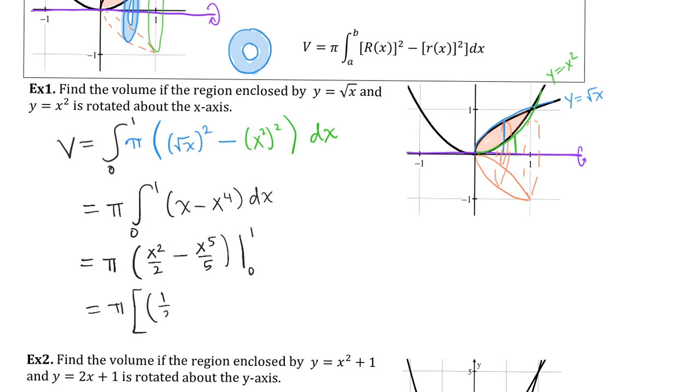So 1/2 minus 1/5 minus 0. Okay, 1/2 minus 1/5 is 5/10 minus 2/10, so that's going to be 3/10 pi. They didn't tell me the units, so we'll just call it cubic units.